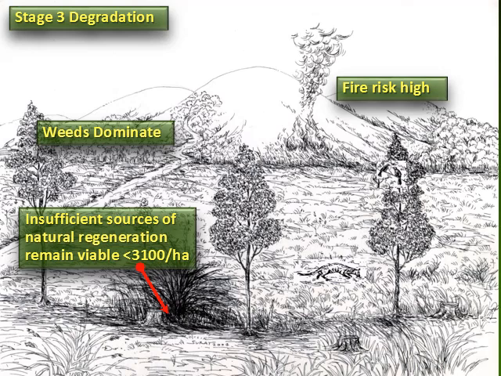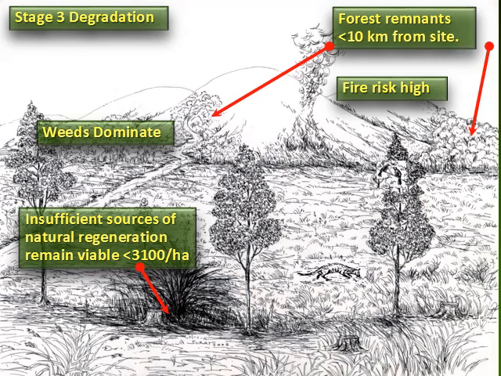So not only do we have natural regeneration which is being suppressed by the weed growth, but we don't actually have enough sources of natural regeneration to enable canopy closure to occur by the end of the second rainy season.